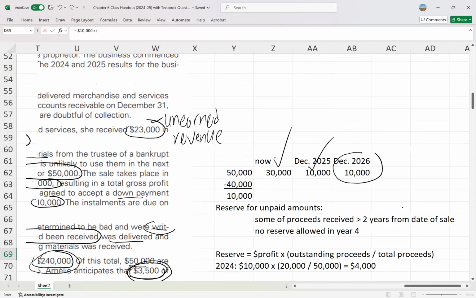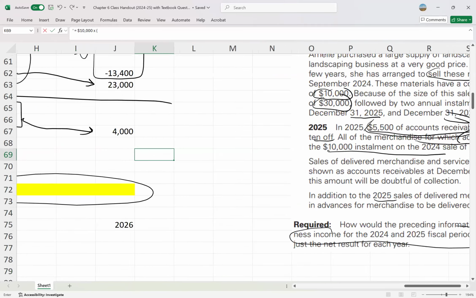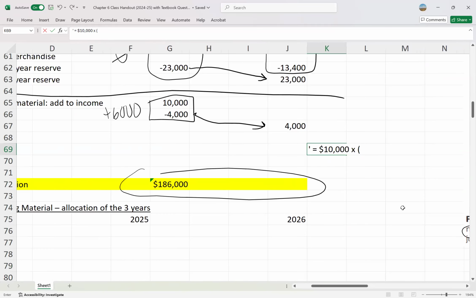So it's only going to be 10,000 outstanding. And once again, the total proceeds is 50,000. So essentially, we only get to take a reserve based on 10 over 50, which is basically 20%. And so 20% of 10,000, that's going to be a reserve of 2,000.